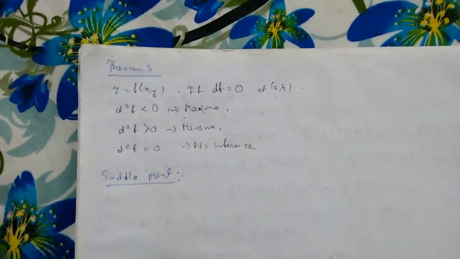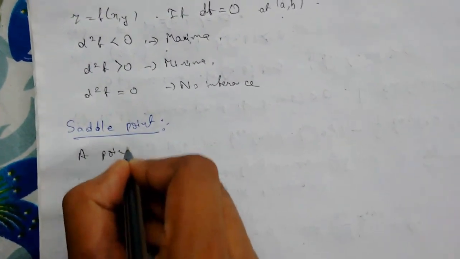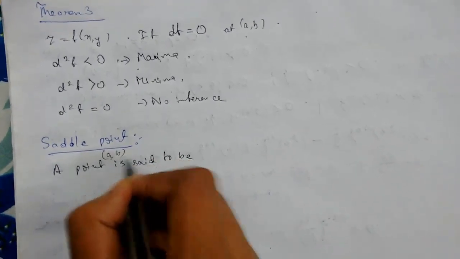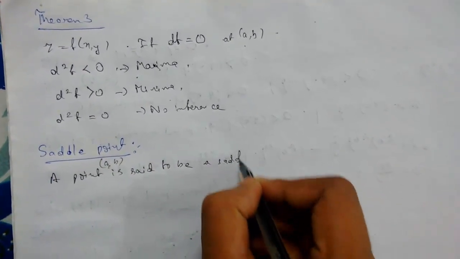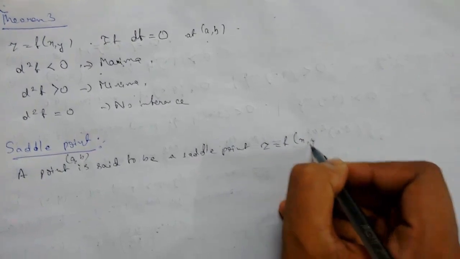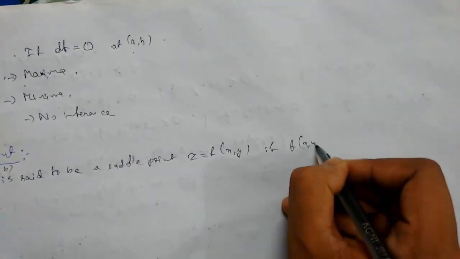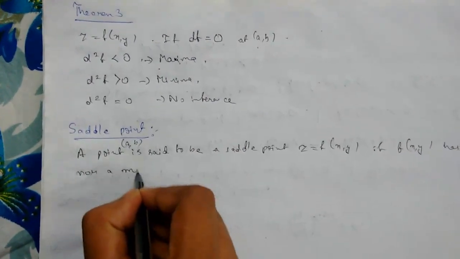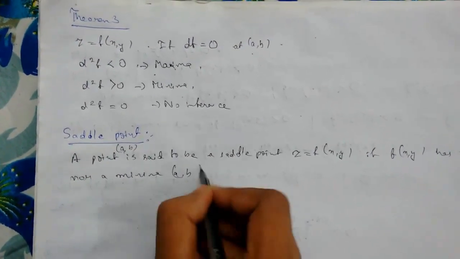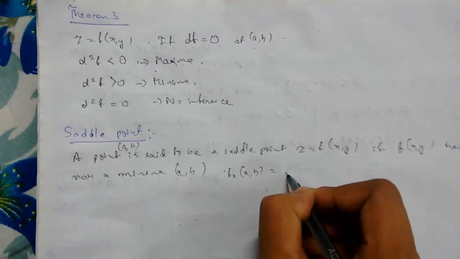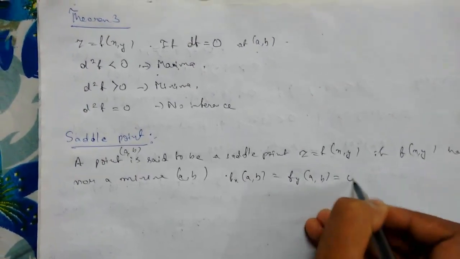A point (a, b) is said to be a saddle point of the function z equals f(x, y) if f(x, y) has neither a maxima nor a minima at (a, b), although f_x(a, b) and f_y(a, b) may be equal to 0.